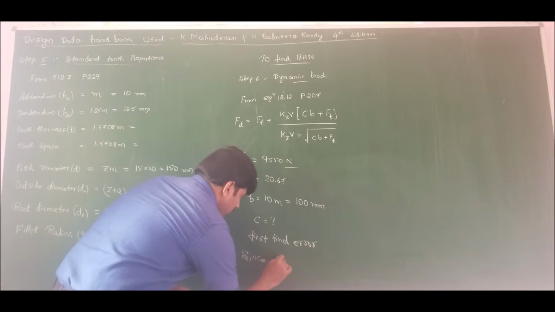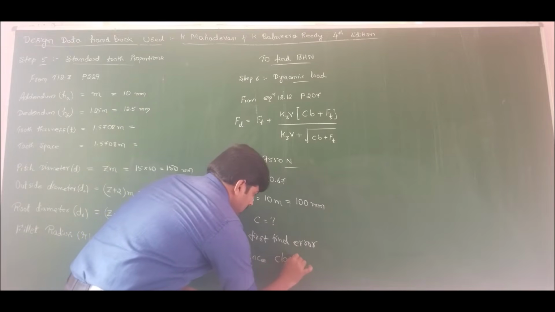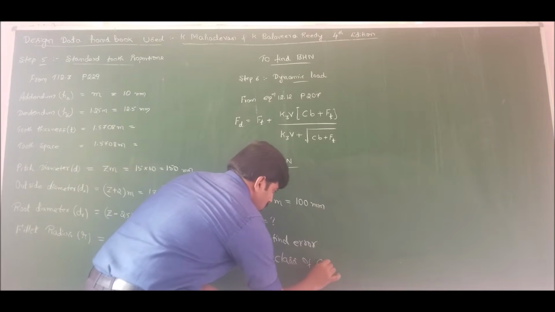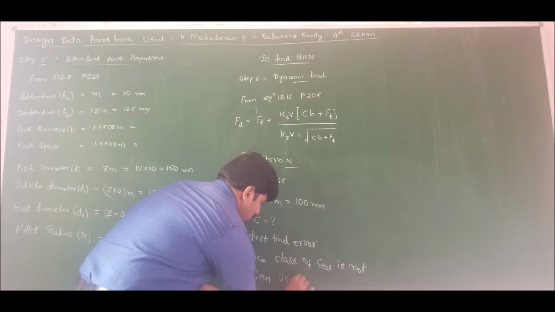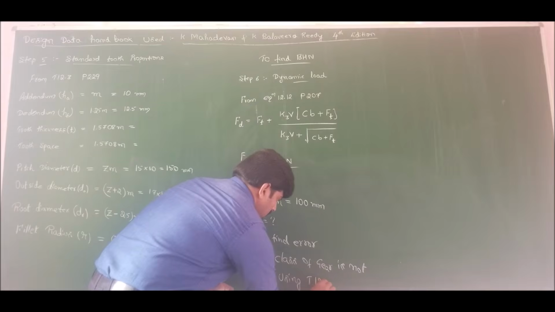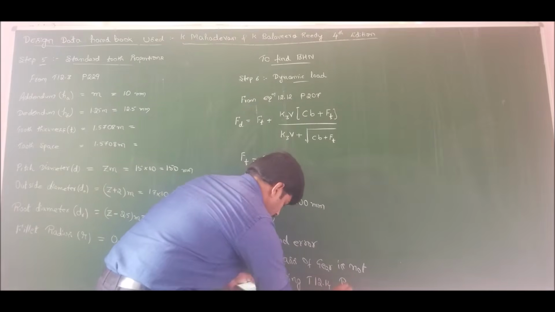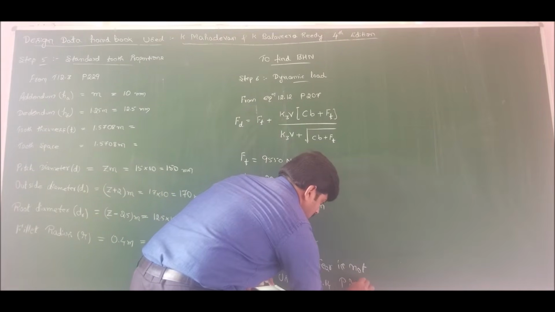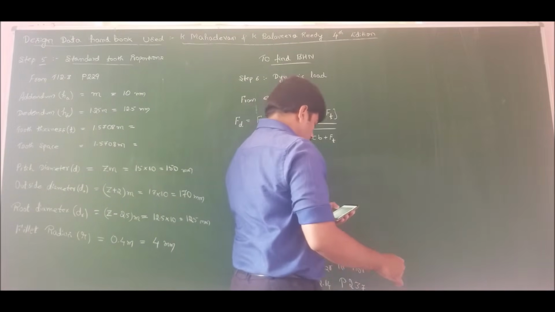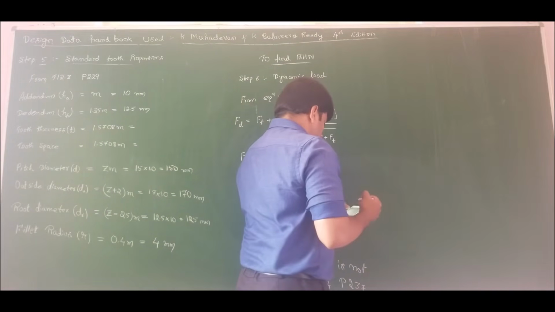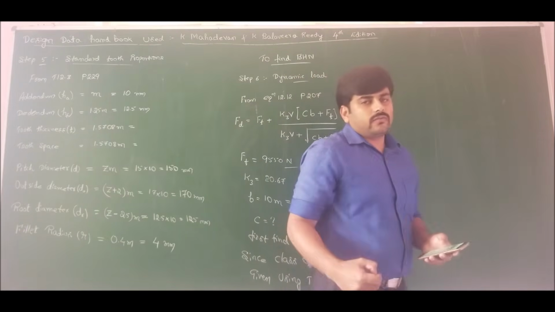Since the class of gear is not mentioned, using table number 12.14 from page 237, the error depends on velocity.